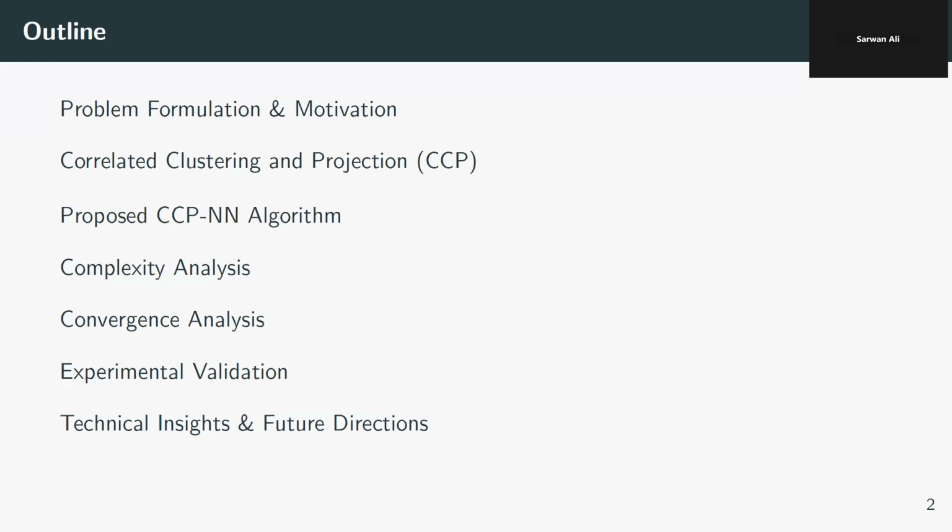The main contribution is our proposed CCP-NN, or the nearest neighbor algorithm, where we'll dive deeper into the technical details. We'll then analyze the complexity improvement we achieve, provide theoretical convergence guarantees, and validate our approach on real-world biological data sets. Finally, I'll discuss the technical insights and the future direction this work opens up.